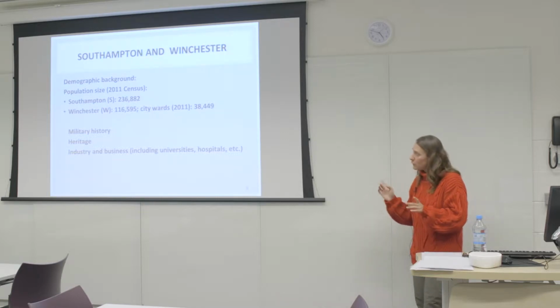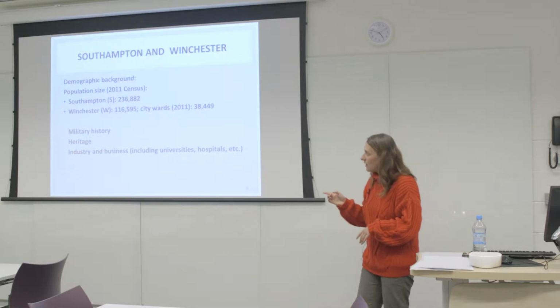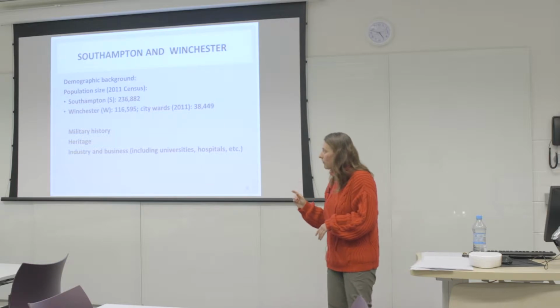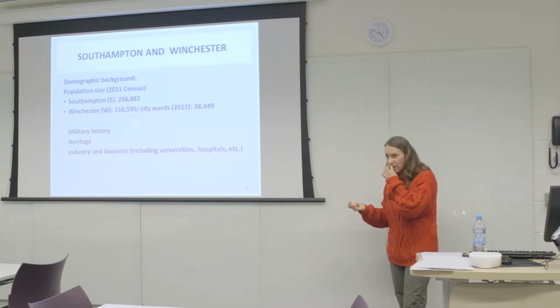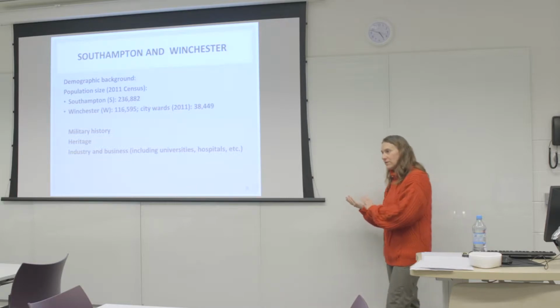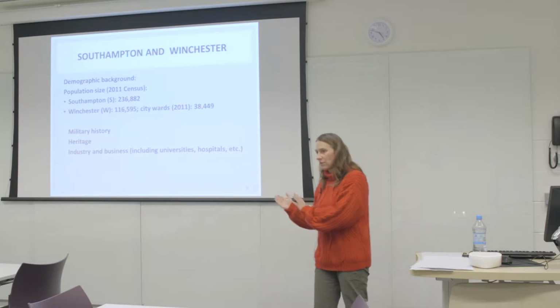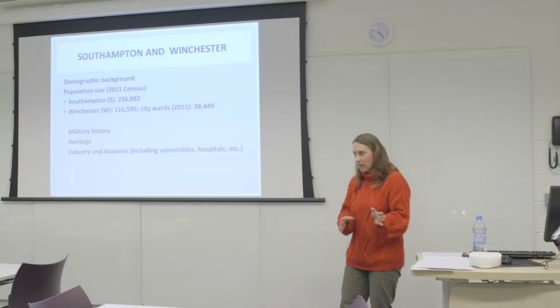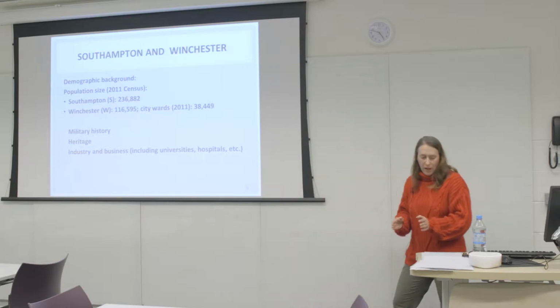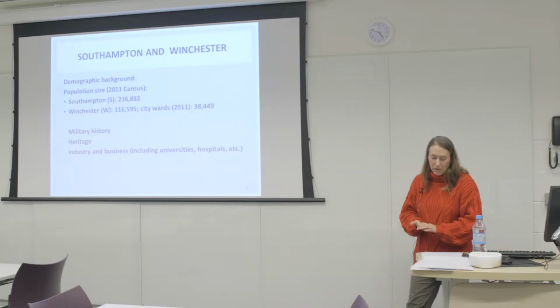Now, also what we looked at to give us a bit more of a background was property prices. Winchester, obviously quite expensive, so more oriented towards Surrey, London prices. Southampton, much cheaper. Winchester, obviously old capital of England.